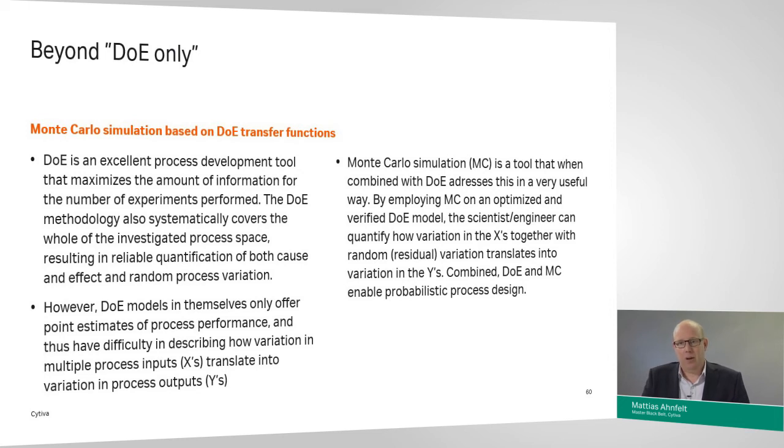So by employing a Monte Carlo simulation on a verified and refined DoE model, one can assess how robust our process, or the unit operation in question, is to variation in the process inputs across the investigated experimental space. Because it's not necessarily so that my process is equally robust throughout the investigated space.